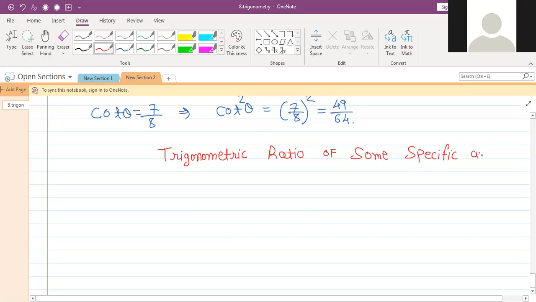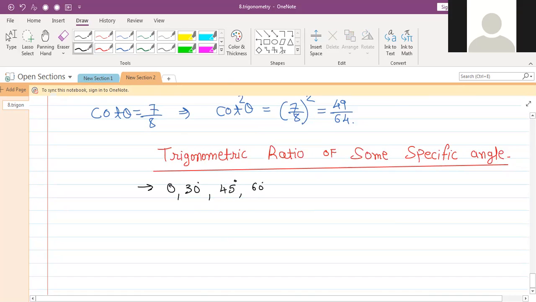So here, which angle can we consider as a specific angle? We can consider trigonometric ratios for 0 degree, 30 degree, 45, 60, and 90. These angles are the specific angles for trigonometric ratios.